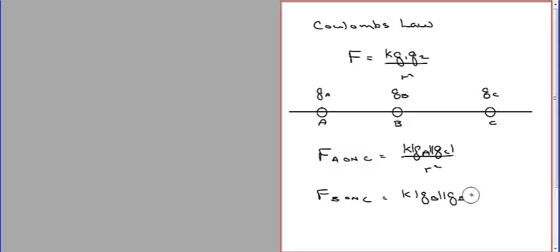And make sure you get these subscripts right. And this distance will be from A to C, and this one will be from B to C. And the distances are always positive numbers.